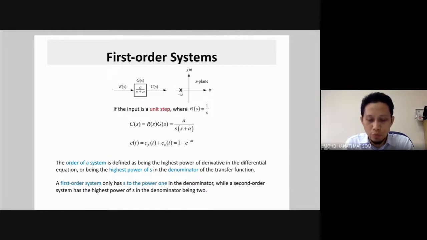the output C(s) equals R(s) multiplied by G(s), which gives A over S plus A times 1 over S. So I hope everyone can understand how we get this expression. Okay, and then when we put it into the time domain, we take the inverse Laplace of the expression C(s).